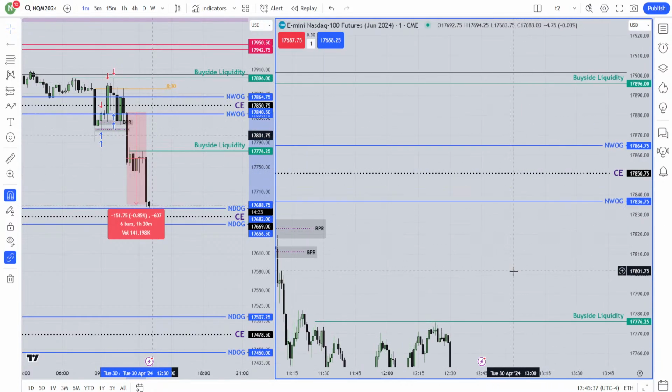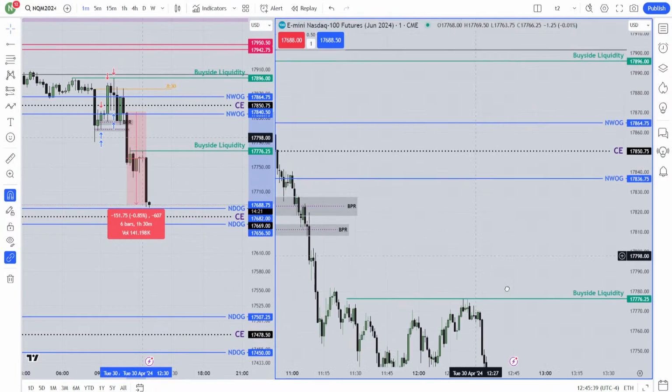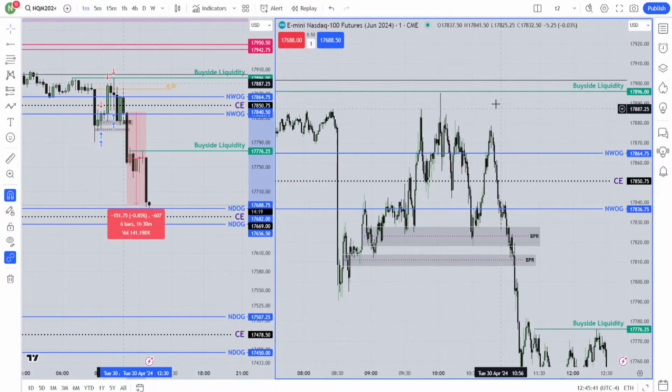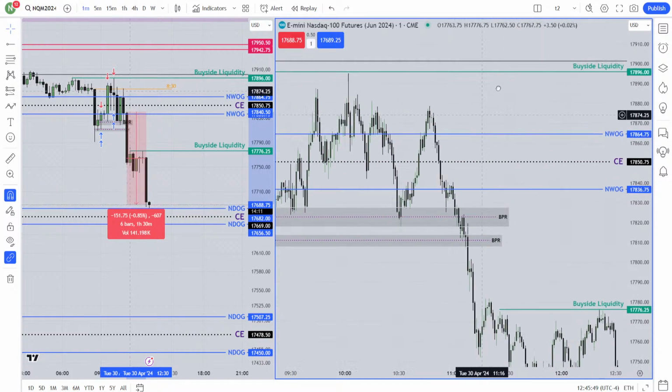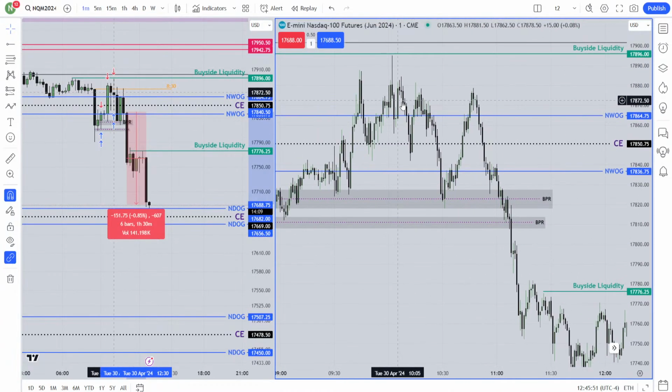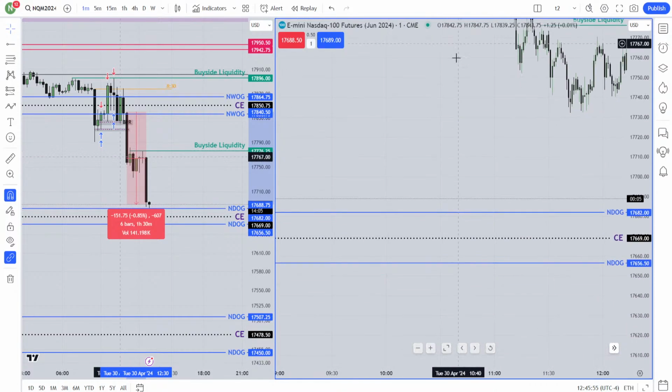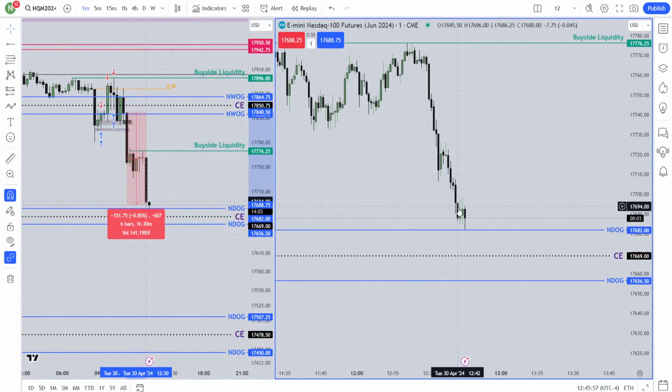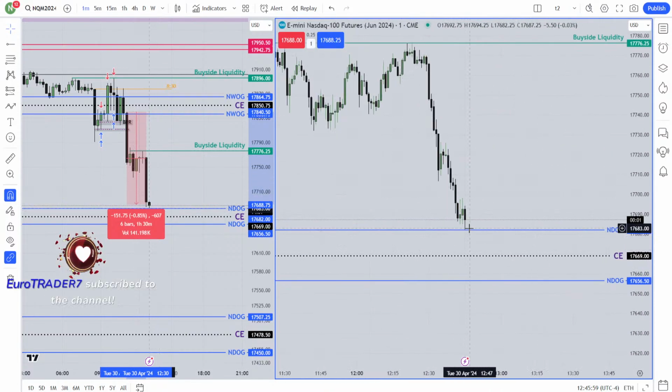I don't know about ICT, but I was near about 100% sure that the market is going to take that buy side liquidity. That was the only thing the market could do around that area. But it is what it is. From that inversion fair value gap, it has to take that buy side liquidity. But yep, and it tapped to this new day opening gap.